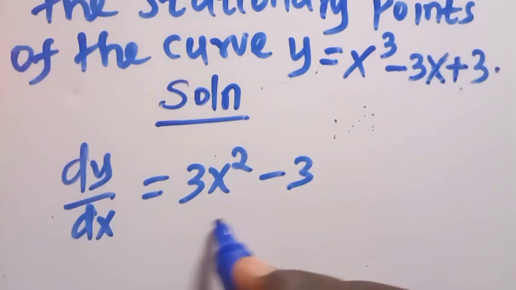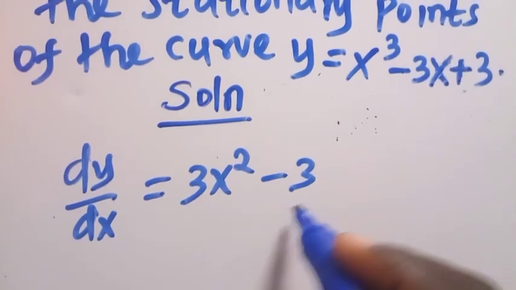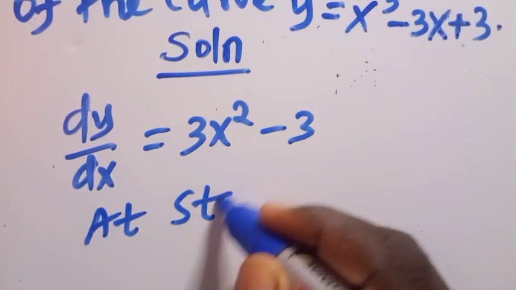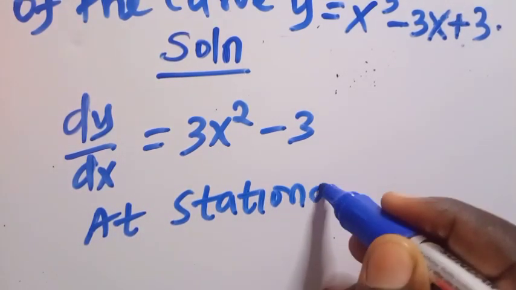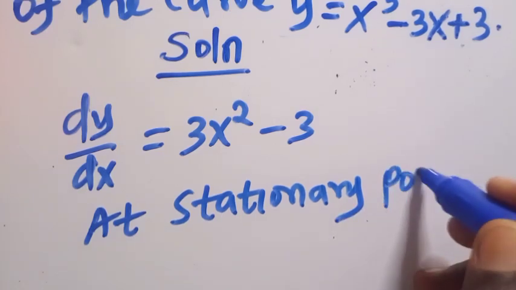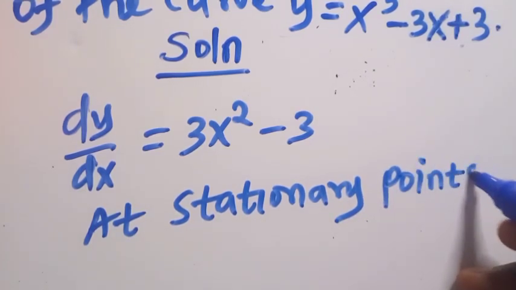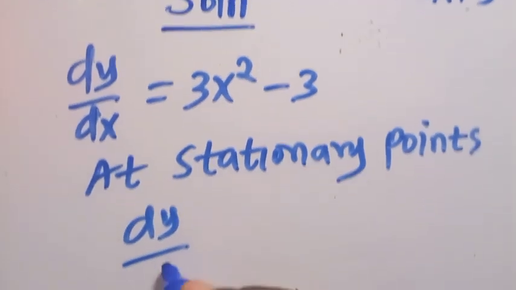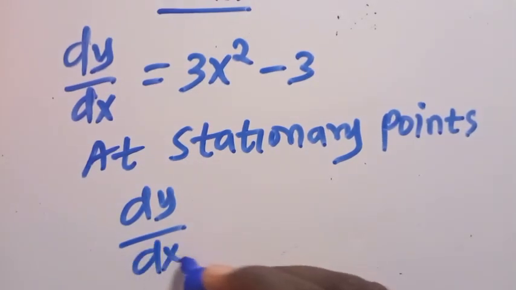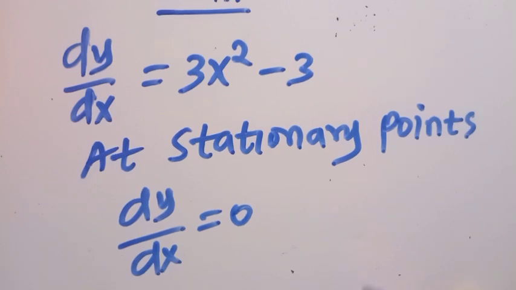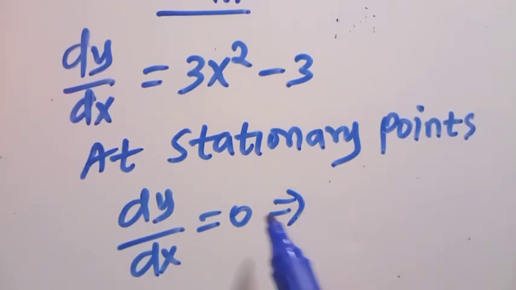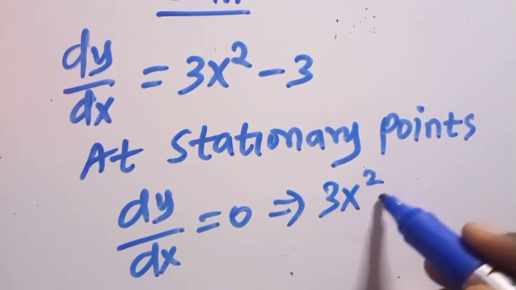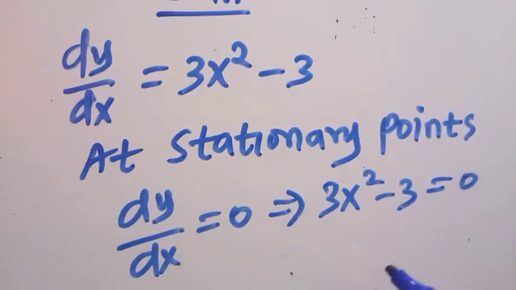Since this is the gradient function, at stationary points dy over dx equals 0. Therefore, 3x squared minus 3 equals 0.